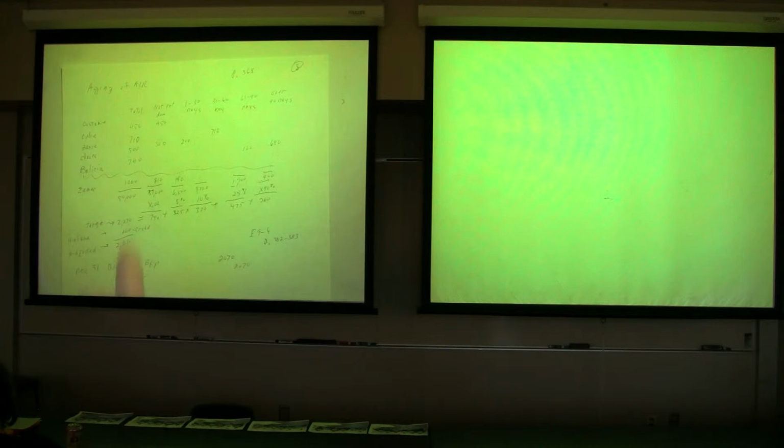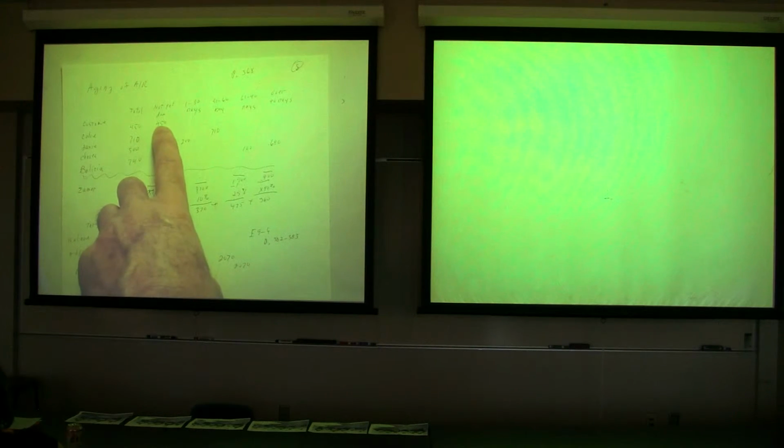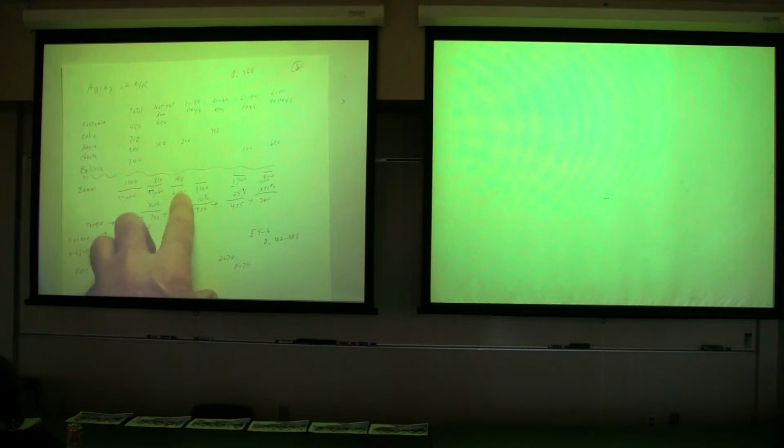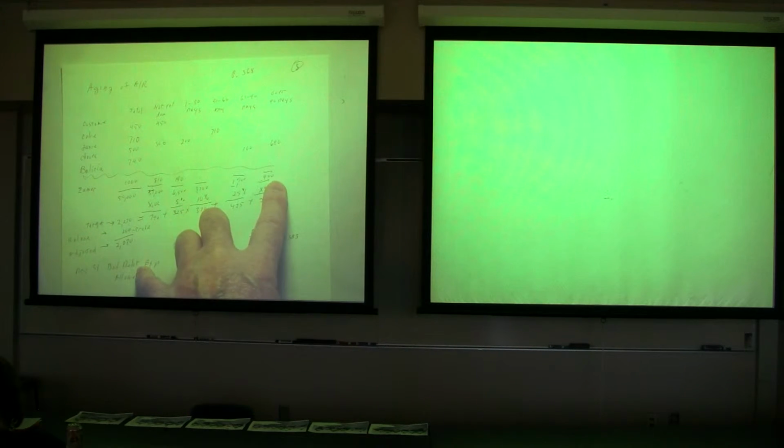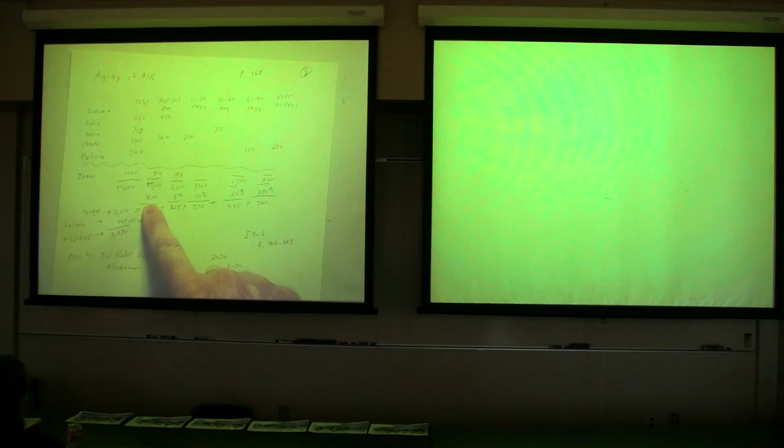So what you do is you just break them down to categories. So here's the not yet due, here's 1 to 30 past due, 31 to 60, 61 to 90, over 90. And what happens is, the older it is, the less likely you are to collect it. Okay? So it goes from 2% of those not yet due up to 40%.